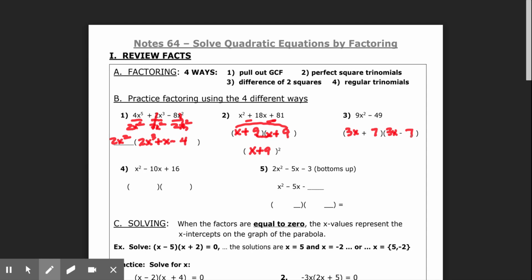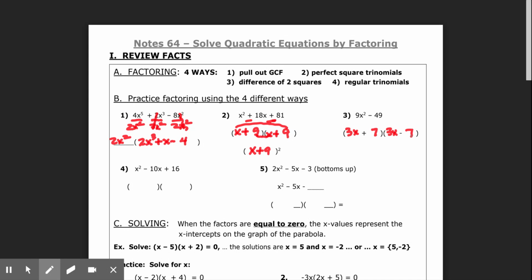Okay, so this is an example of number 1, pulling out a GCF. Number 2 is a perfect square trinomial. Number 3 is the difference of 2 squares. And number 4 is just going to be a regular trinomial because I know that the first term and the last term are perfect squares.